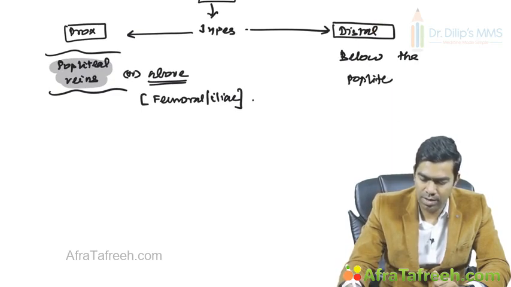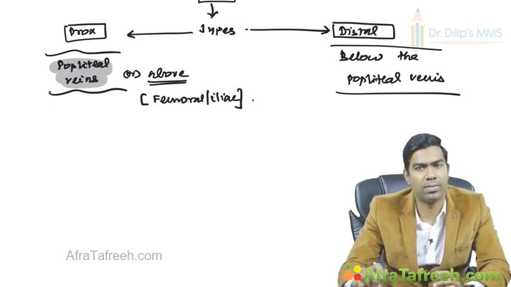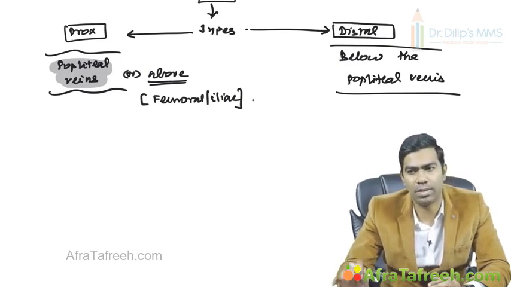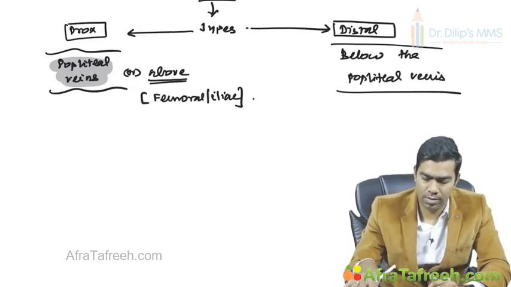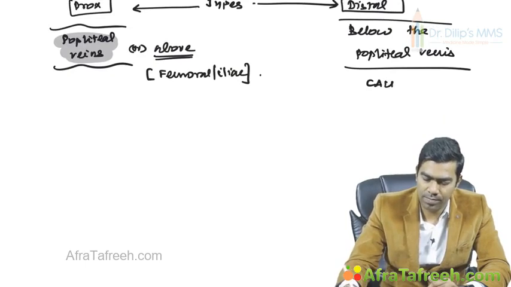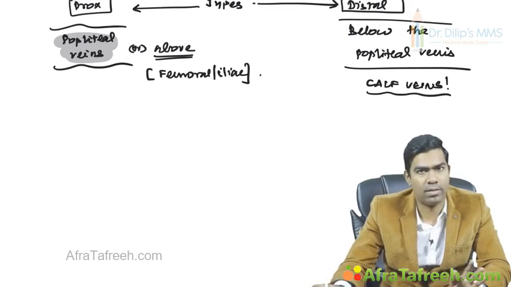Distal, you know very well, the thrombus is located distal to the popliteal veins and should not extend proximally. Isolated distal means it's distal only, present only in the veins below the popliteal veins, which means they involve only the calf veins, nothing else.